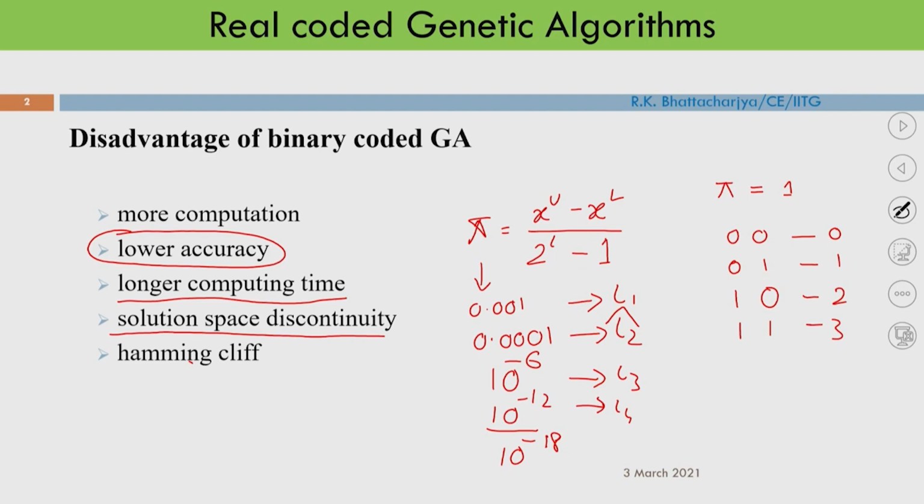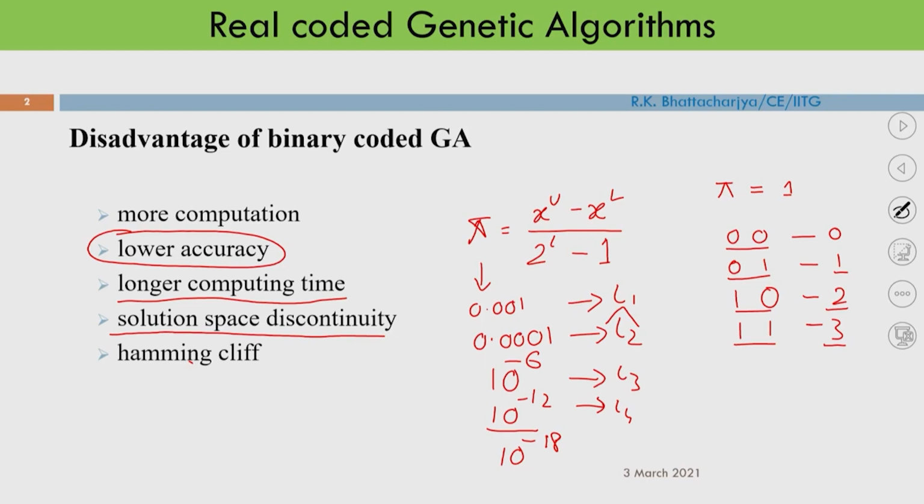If the binary string is 0 0, then I will get 0. If it is 0 1, I will get 1. If it is 1 0, I will get 2, and if it is 1 1, I will get 3. So in this case the precision is 1. With 2 bits and Δx equal to 1, I will get either 0, 1, 2 or 3.